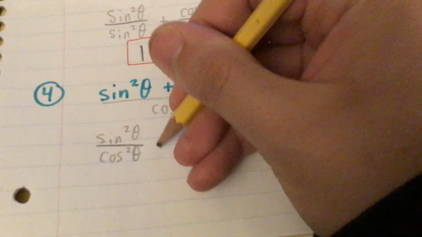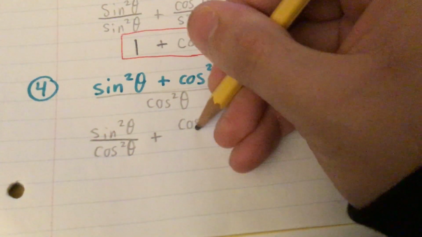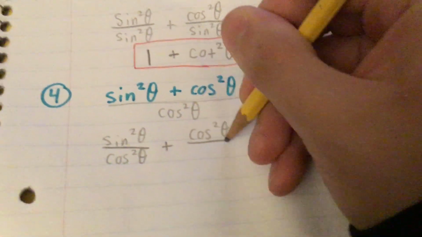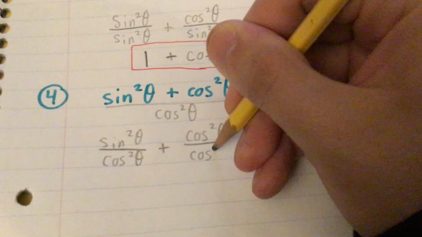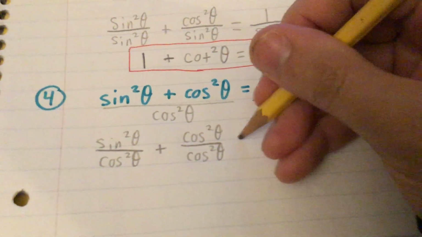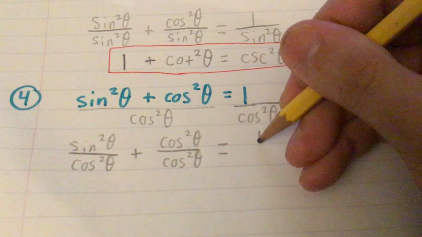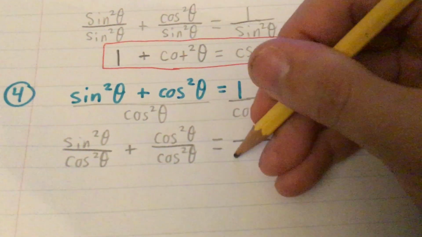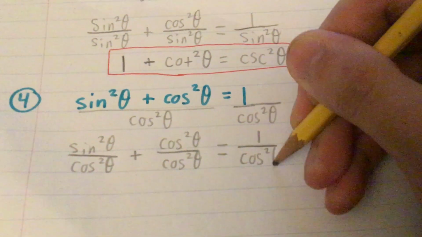So now I've got sine squared of theta over cosine squared of theta plus cosine squared of theta over cosine squared of theta is equal to 1 over cosine squared of theta.